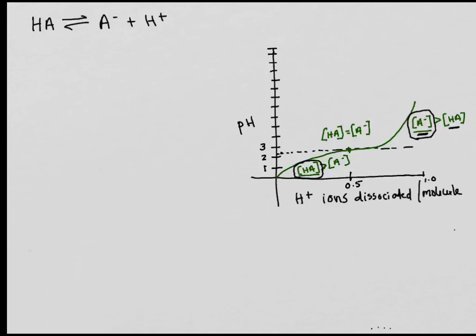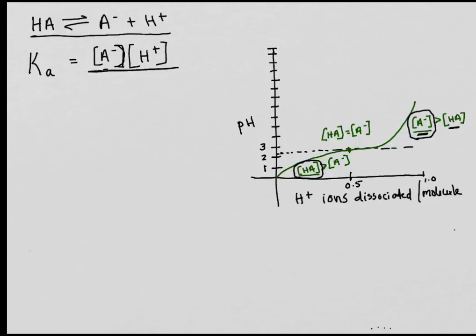If we want an equation that would allow us to relate Ka and pH, we know that Ka is equal to A minus times H plus, the numerator, divided by the concentration of HA, the denominator. And now we can go ahead and solve for H plus because we want an expression that will allow us to understand pH.